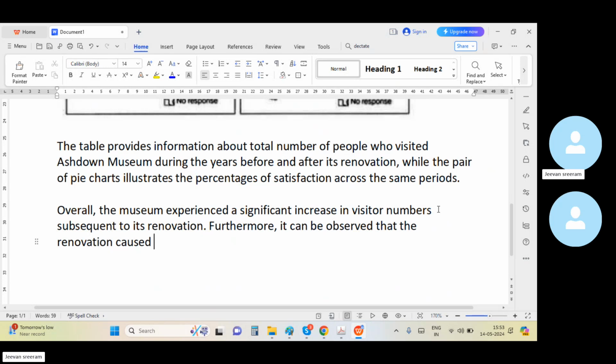Renovation caused more number of people visiting to the, right? Greater visitor satisfaction. Greater visitor satisfaction.